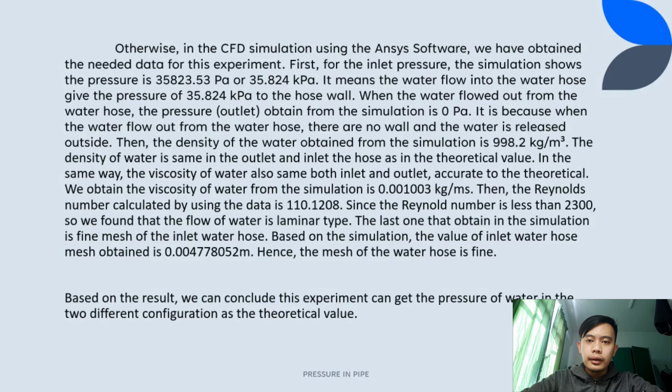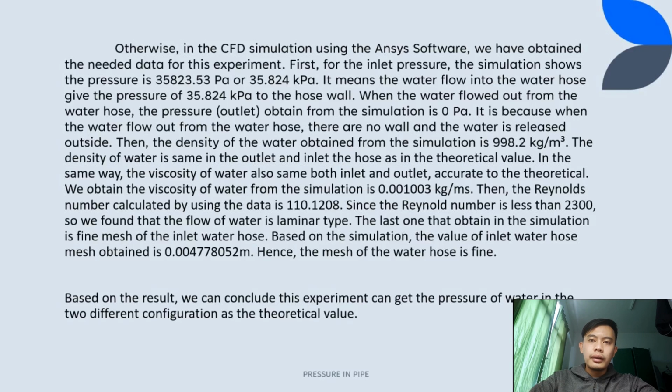Based on the simulation, the value of the inlet water hose mesh obtained is 0.004778052 meter. It is so tiny. Hence, the mesh of the water hose is fine.